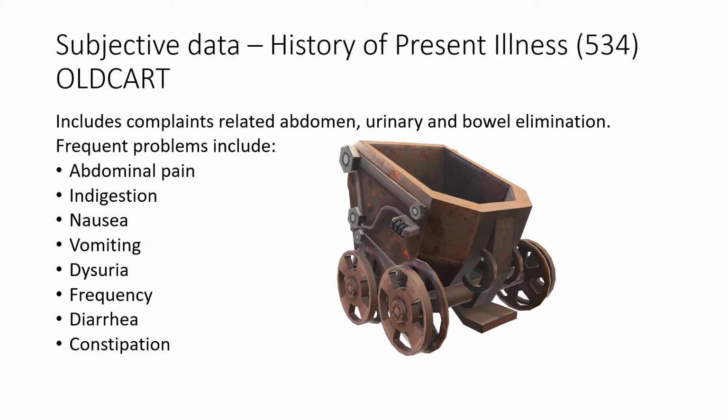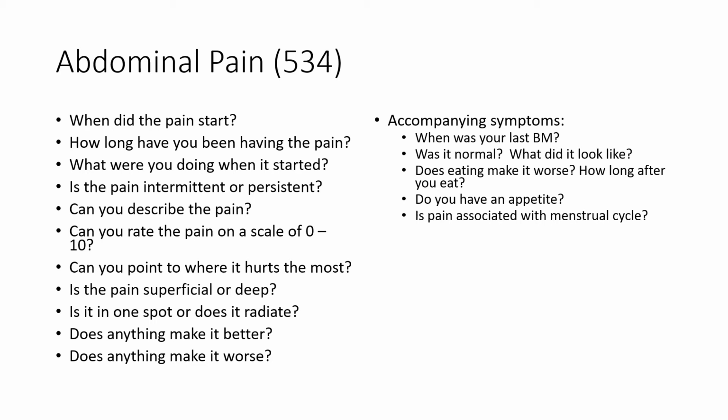That's our old cart, okay? And we need to explore abdominal pain, indigestion, nausea, vomiting, dysuria, frequency of urination, diarrhea, and constipation. And this is on page 534 of your textbook.